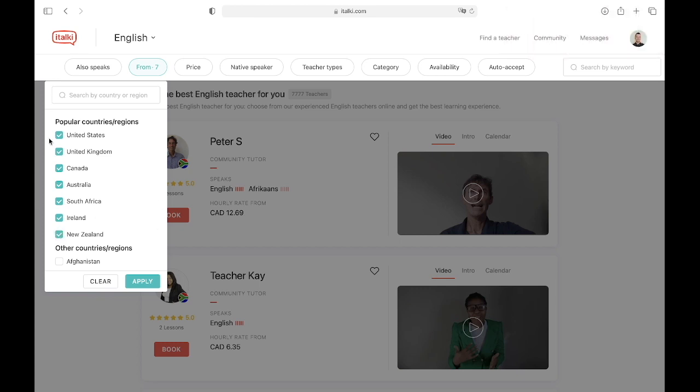These are not all of the countries where they speak English growing up, clearly. However, these are the countries that are considered the most popular, and many students on iTalki deem these people to actually be native speakers. So for the sake of this experiment, we'll just see what happens here.